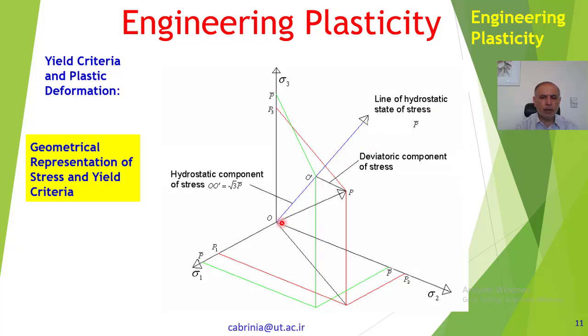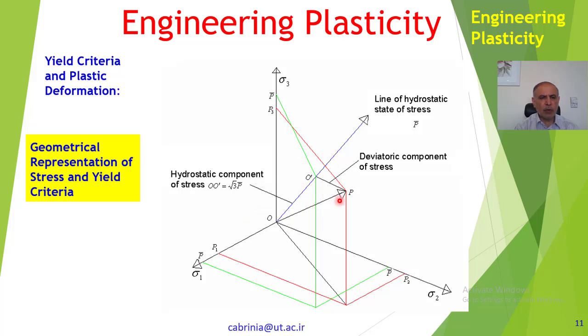So if we had another one like that, then we would have different values. So here for this state of stress, O'P is the deviatoric component of stress, and OO' is the hydrostatic component of stress. Remember, we derived these values before mathematically.